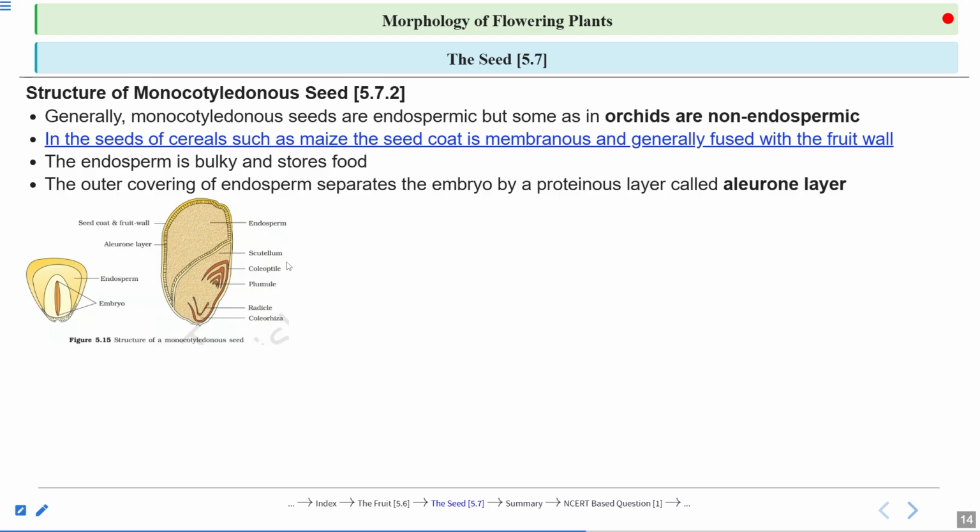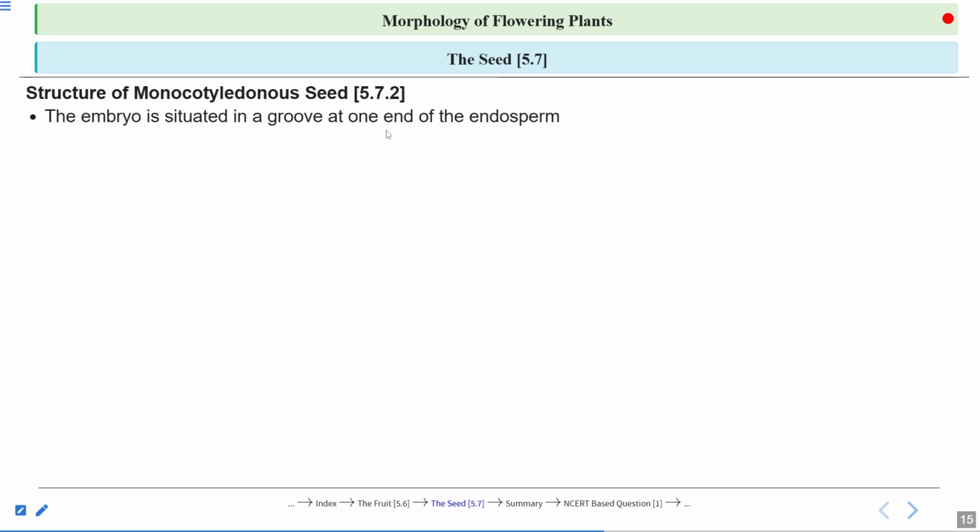The scutellum is a very important point. This is the cotyledon of the monocotyledons, so only one cotyledon, in the form of an embryo situated in a groove. Groove means it is shifted to one side, at one end of the endosperm.